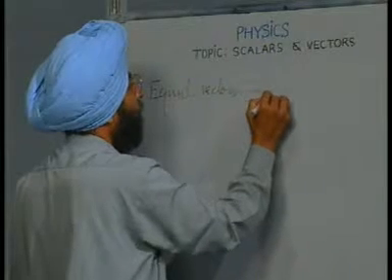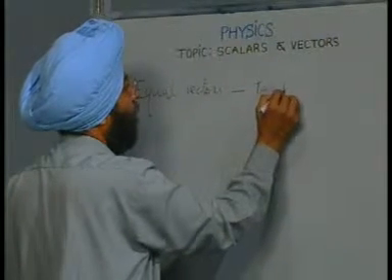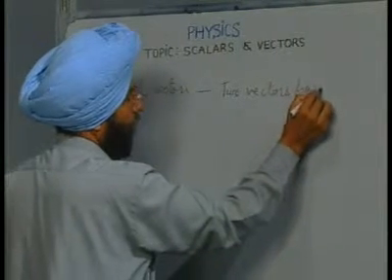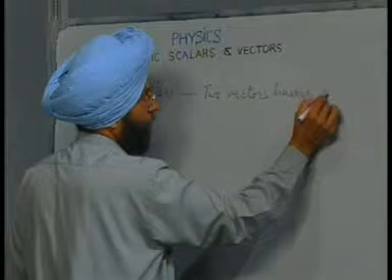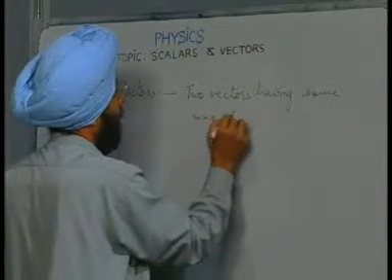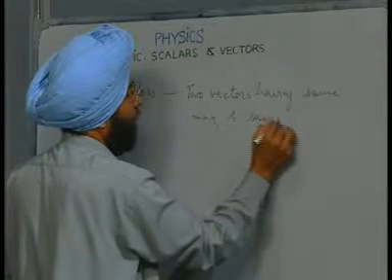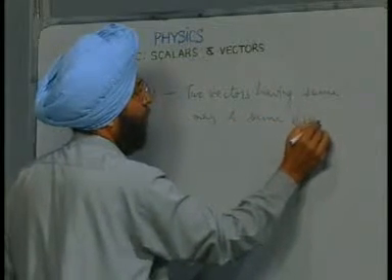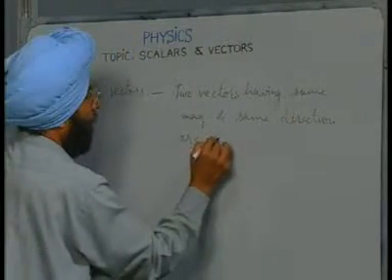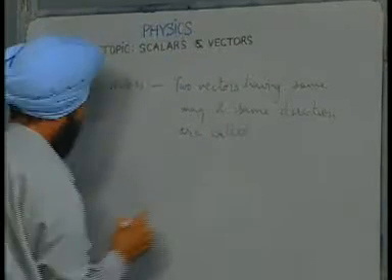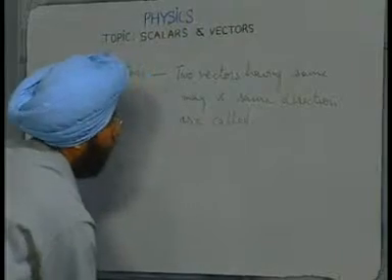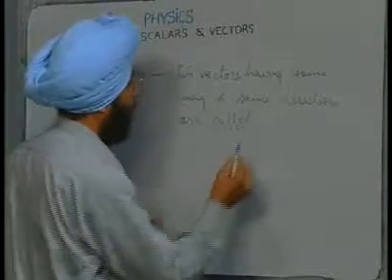Two vectors having same magnitude and same direction are called equal vectors.